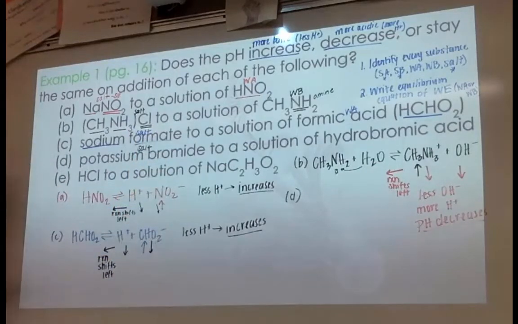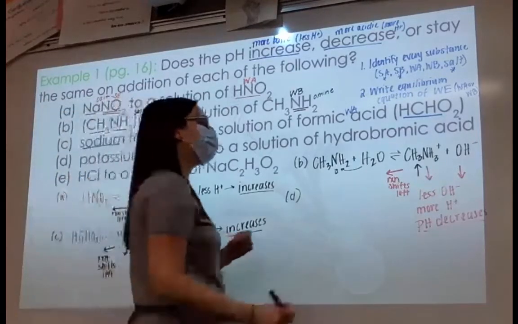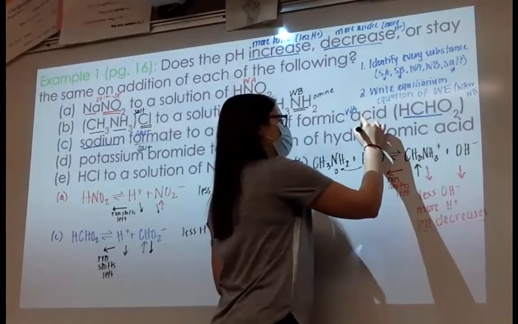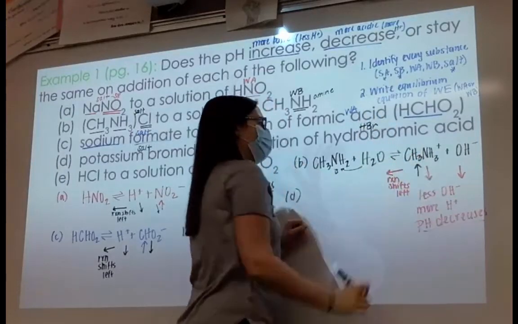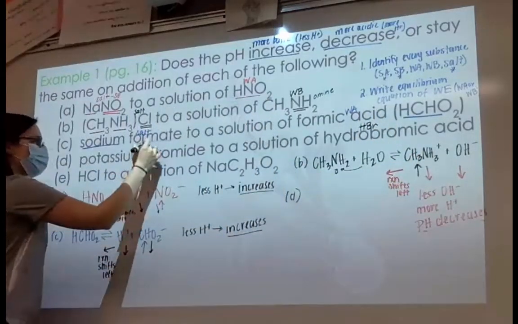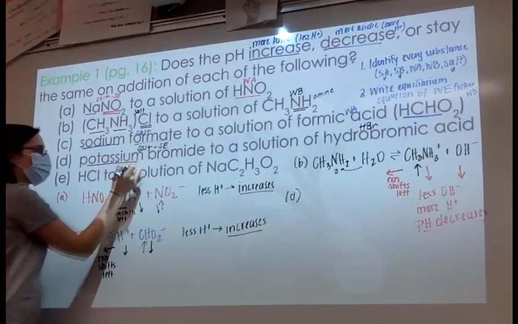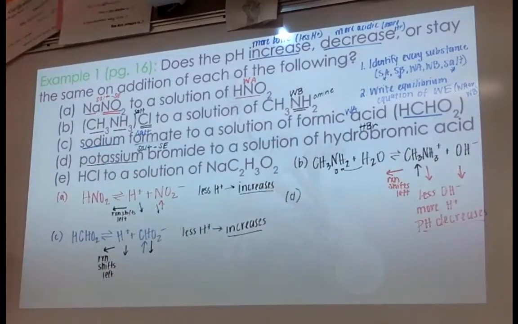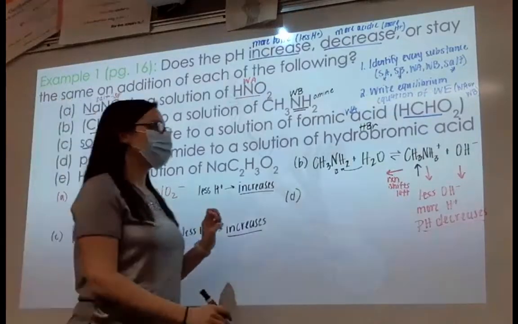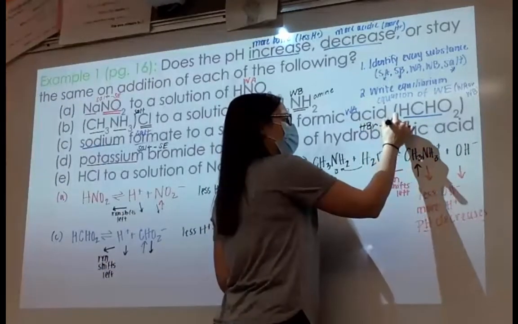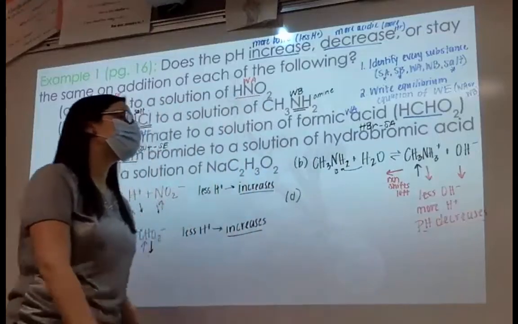It's an ionic substance, a metal and a nonmetal, added to a solution of hydrobromic acid, that's HBr. So this is a salt, a strong electrolyte. Because it has potassium, it breaks apart completely. Hydrobromic acid is one of the 7 strong acids.